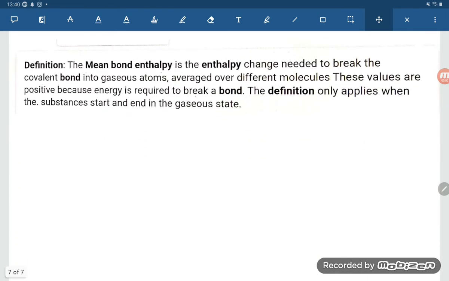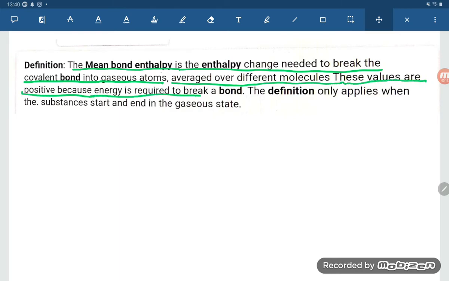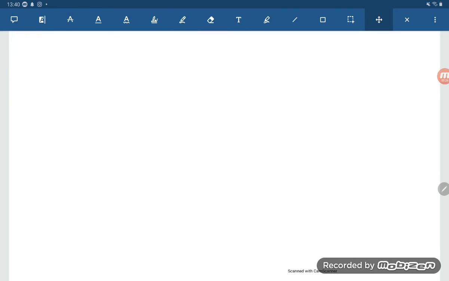Next, the mean bond enthalpy is the enthalpy change needed to break a covalent bond into gaseous atoms, averaged over different molecules. These values are positive because energy is required to break a bond. The definition only applies when the substance starts and ends in the gaseous state.